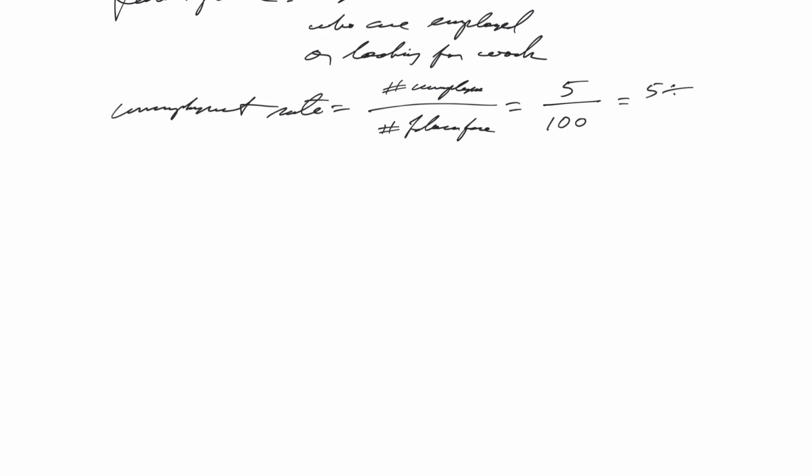When the Bureau of Labor Statistics contacts their random sample that they do, they ask you if you've been working. If the answer is no, are you looking? If the answer is no, you're not part of the labor force. Okay, so it's difficult to get the data to measure.